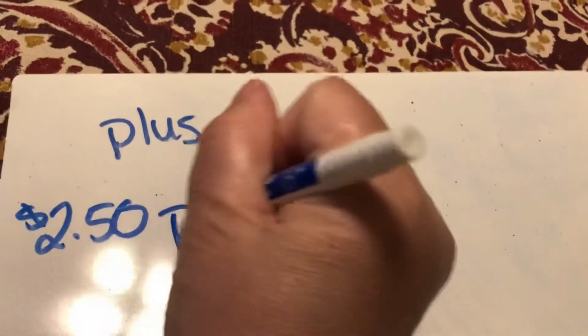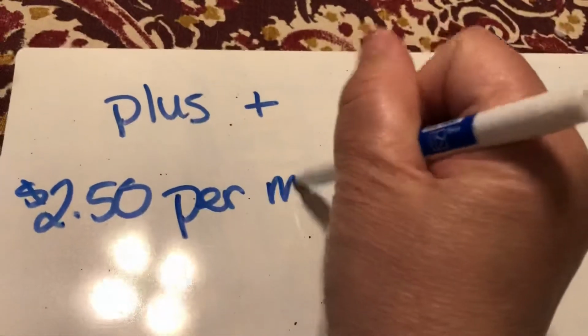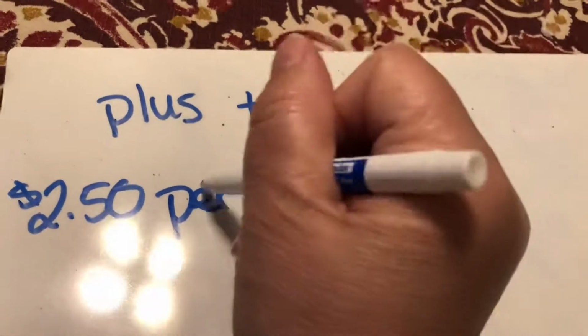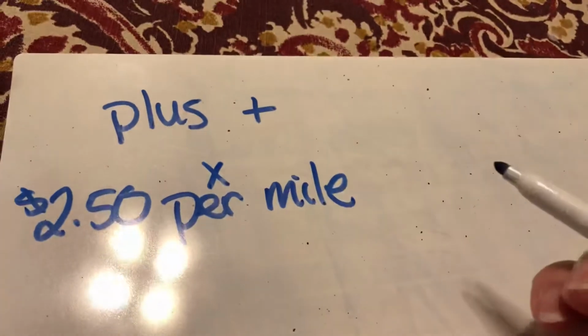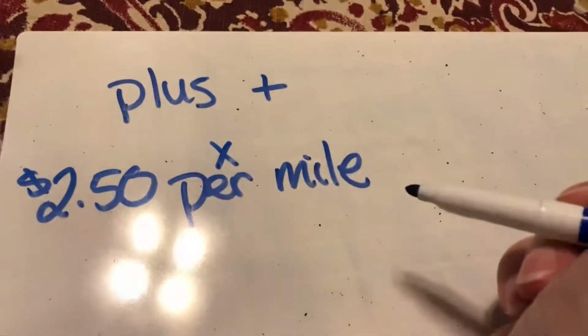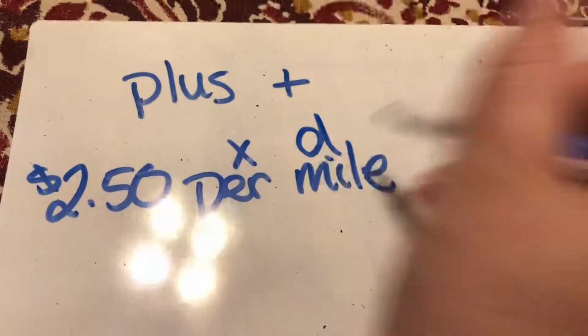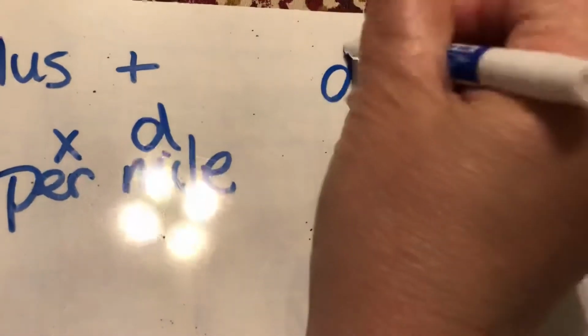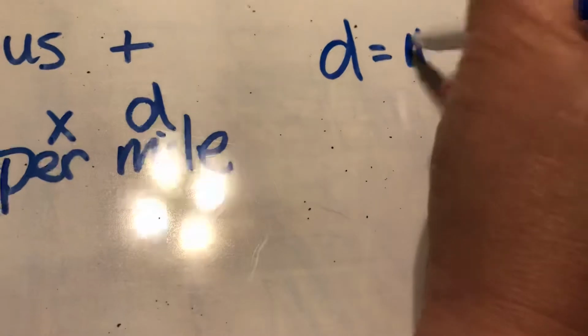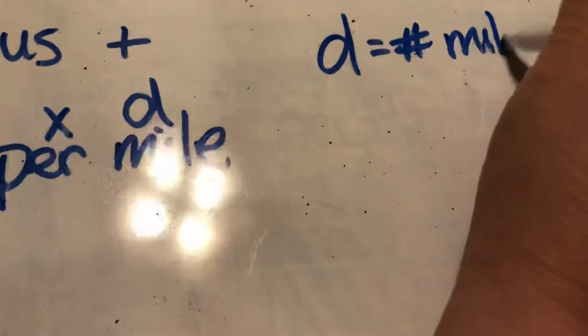So plus is addition, and then we have $2.50 per mile. Well, per is telling me to multiply, and I don't know how many miles, so the problem tells me to use D. So I'm going to write over here, D equals number of miles.